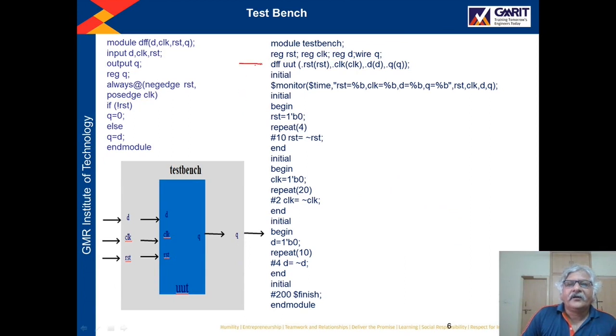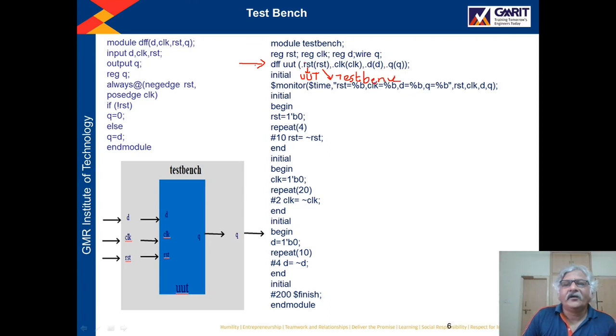Then this statement is the instantiation statement of the UUT in the test bench. So here this RST belongs to the port of the unit under test, and this is associated with this RST, which is the port of the test bench. Whatever we write inside the bracket, that is the port of the test bench.